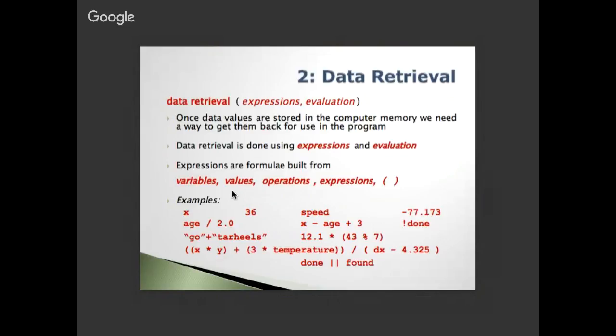Expressions are formulated from variables, values, and operations. Here are below examples of those. x minus age plus 3, not done, and so on, with that calculation here at the bottom. This one right here would be 1 as well.